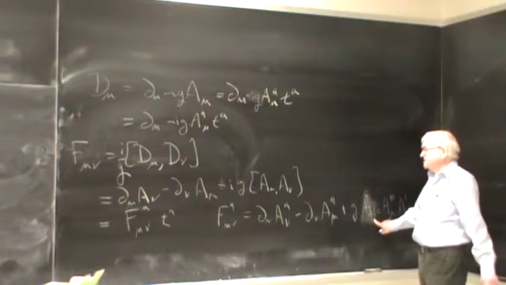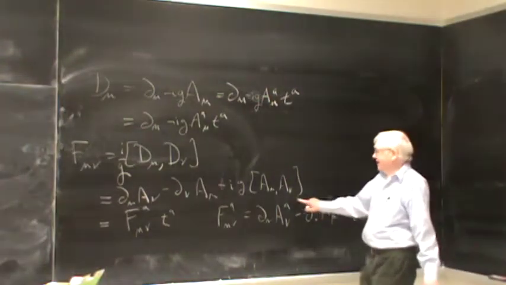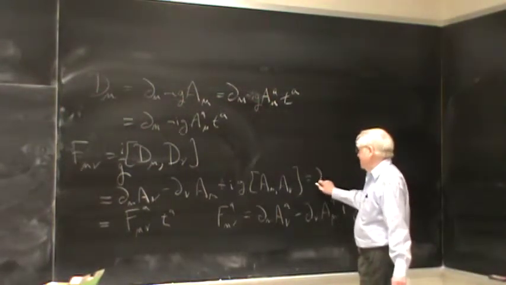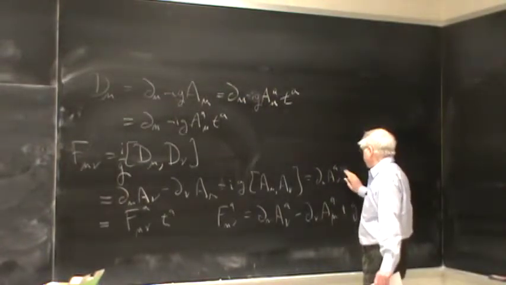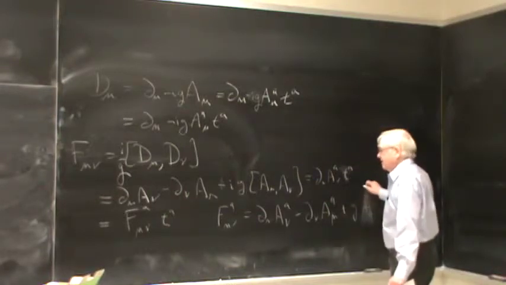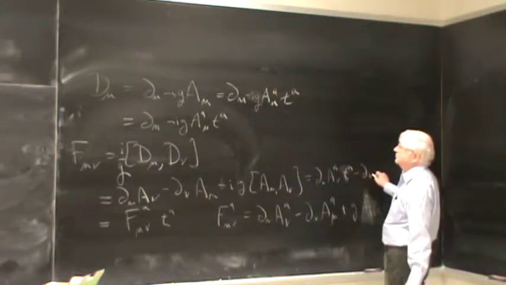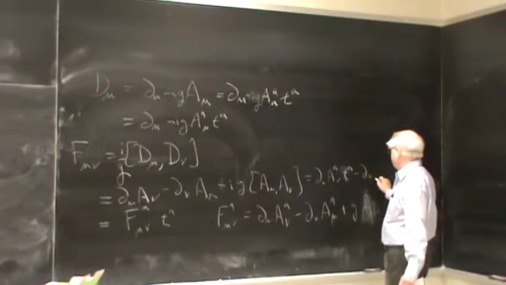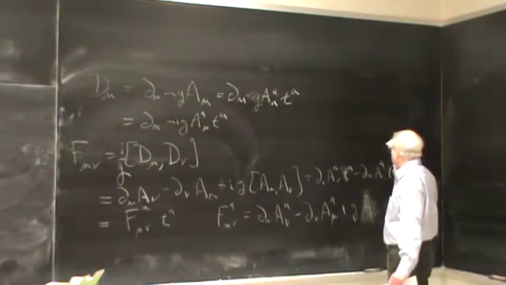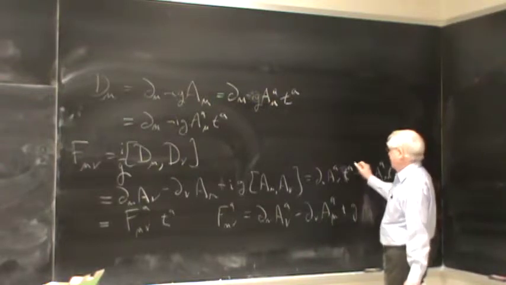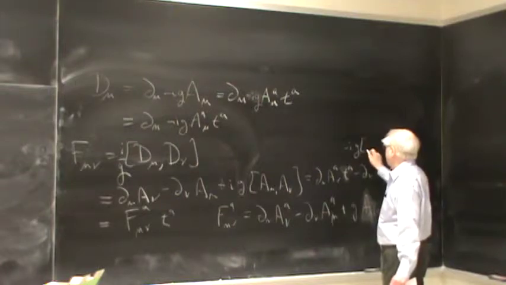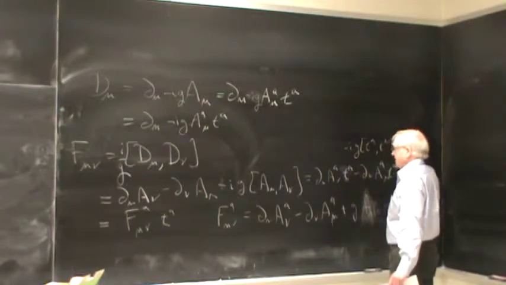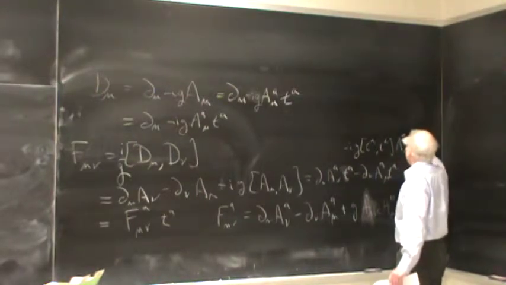You might wonder, where do these structure constants come from? Well, up here, you see this thing is d mu A nu^a T^a minus d nu A mu^a T^a, and then there's the term minus i g T^a T^b A^a mu A^b nu.